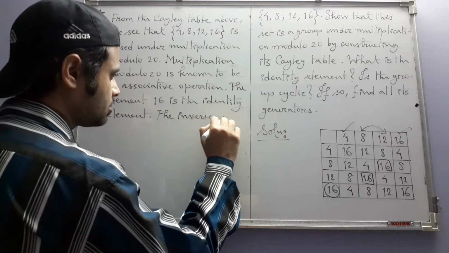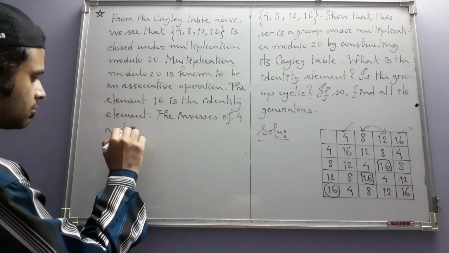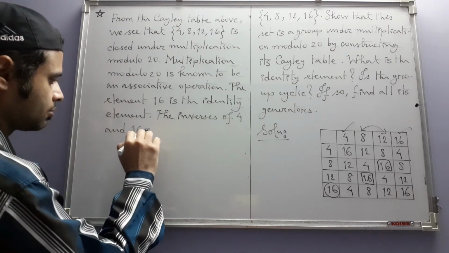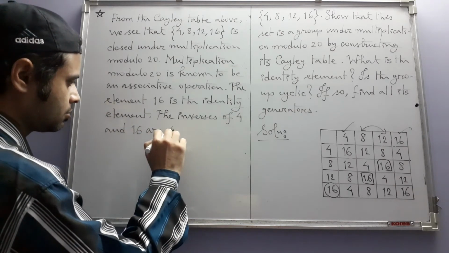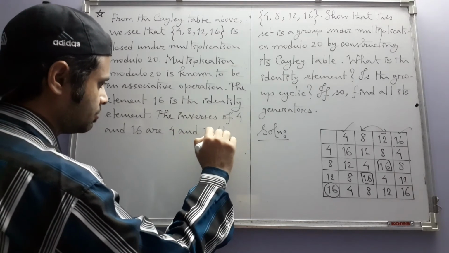The inverses of 4 and 16 are 4 and 16 themselves.